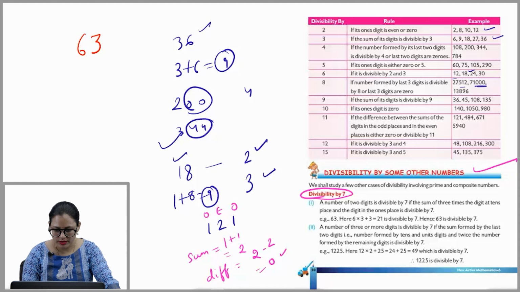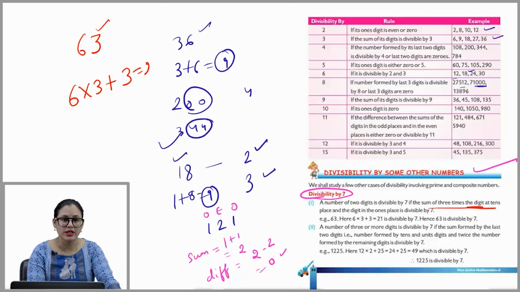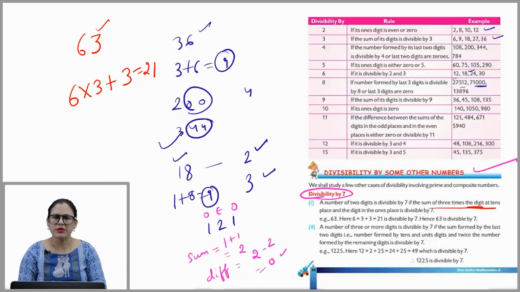Sum of 3 times the digit at tens place. Which digit is at tens place? 6. Its 3 times is 6 into 3, plus 3, is equal to 21. 21 is divisible by 7, hence 63 is divisible by 7.